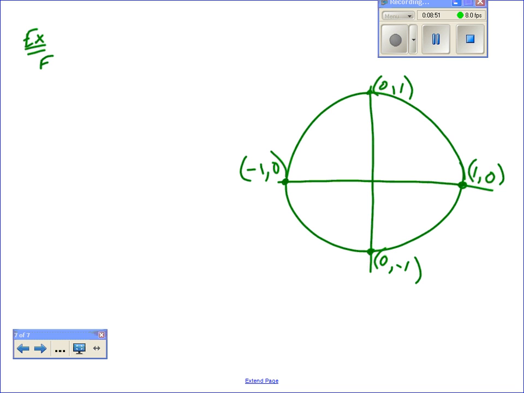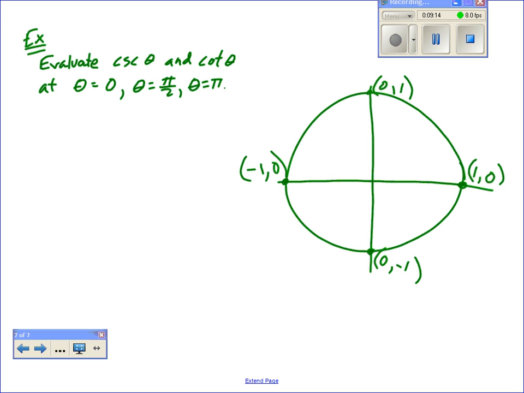So if we were to evaluate cosecant theta, and let's do the cotangent theta at theta being 0, theta being pi. Of course, we can continue on, but you'll kind of get a feel for this here.